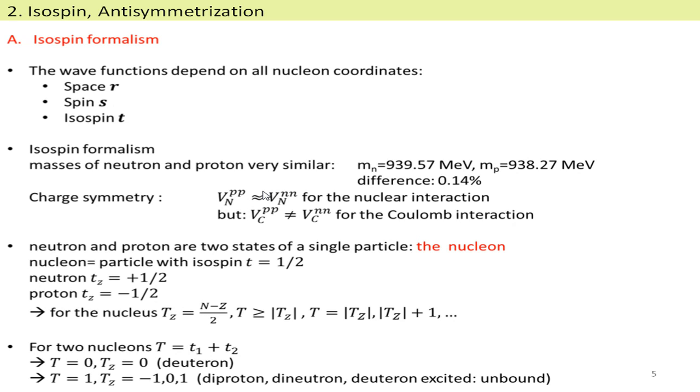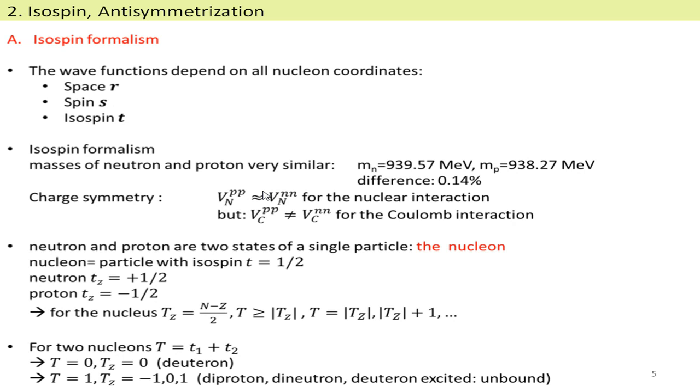It's a unified treatment of neutrons and protons. So these are for nucleons. And then for the nucleus, you simply add all isospin projections. So for the nucleus, the sum here is the number of neutrons minus the number of protons divided by 2. And the isospin number is larger than or equal to this projection.